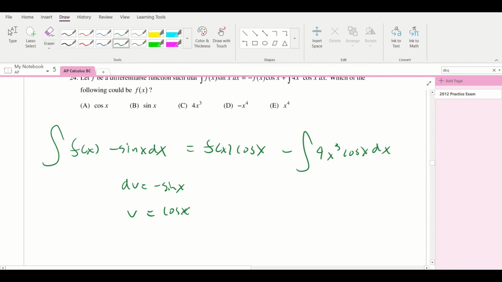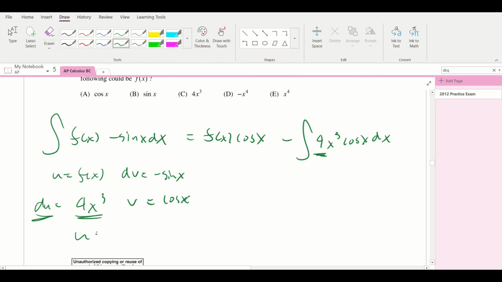And if we let u equal f of x, then du equals 4x cubed dx.